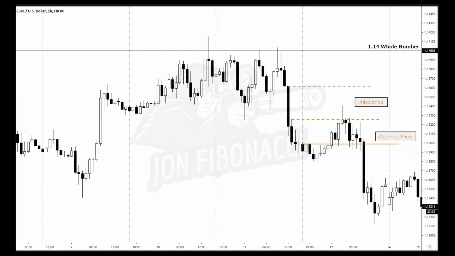The imbalance is from this candle's low to this candle's high, and that's exactly where I drew them from. So what does price do? It trades above the opening price, well above the opening price, and trades into the imbalance.